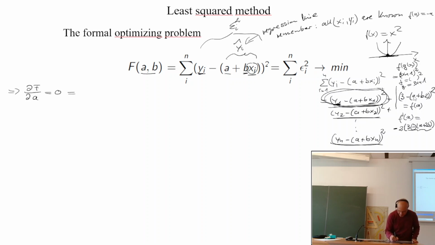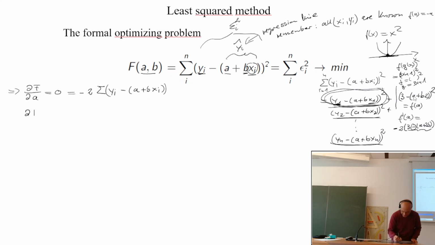So we obtain minus 2 times now just the inner function yi minus a plus b xi, and this has to be 0.